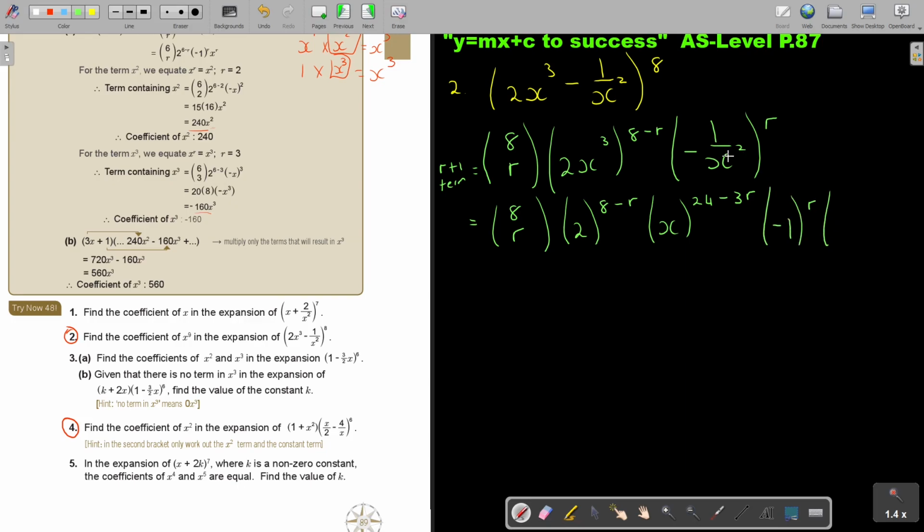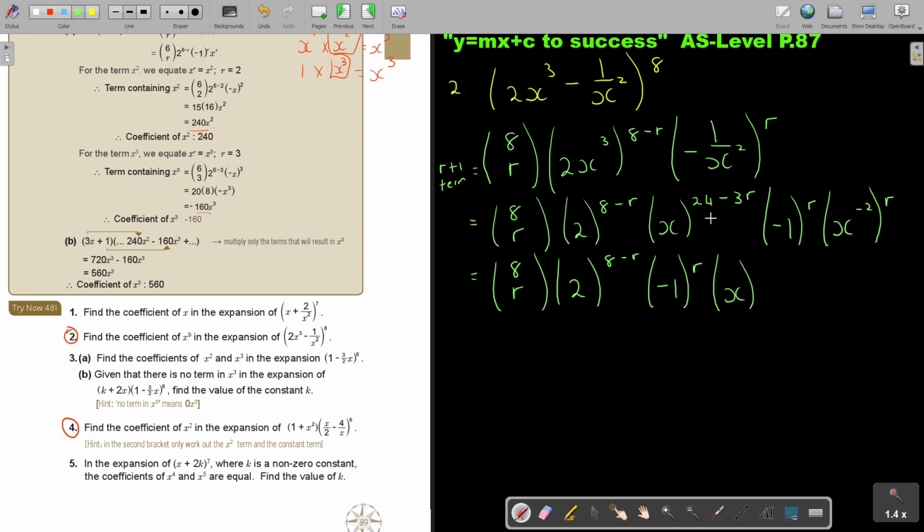And then, don't forget, if you bring it up, it's x to the power minus 2. Don't forget that. And give it also its r. So what do I get? I get 8 over r, 2 to the power 8 minus r, and I'm bringing all the numbers in front. And then this was minus 1 to the power r, and then this one was x.